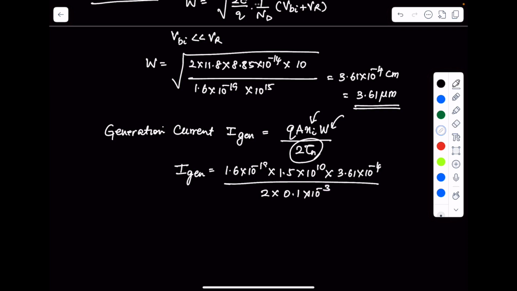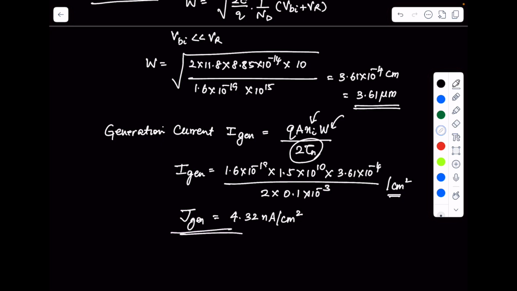This is going to be expressed per centimeter squared, because I'm assuming unit area, and so this works out to 4.32 nanoamps per centimeter squared. So this can be Jgen, that is the current density due to generation current, 4.32 nanoamp per centimeter squared.